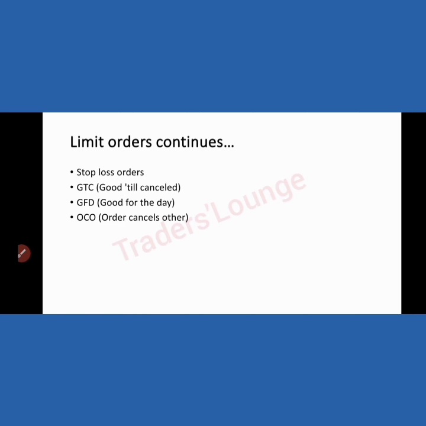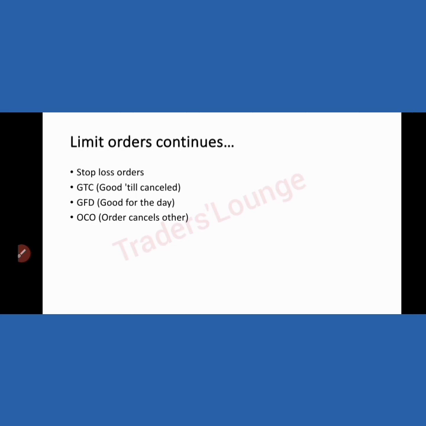If I place it maybe around 12 o'clock today, and according to my analysis, I see that it's still going to go far, I may leave it, and when I check it around 5 p.m. or 7 p.m., it's still running and not meeting my TP yet. So I may decide to leave it overnight. That is what is meant by good till cancelled. I leave it until I cancel it.